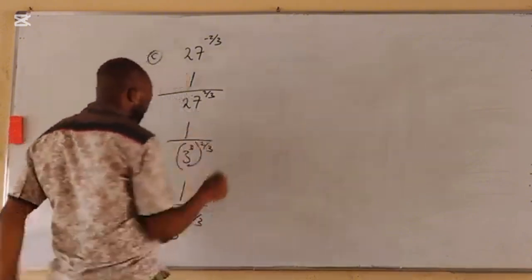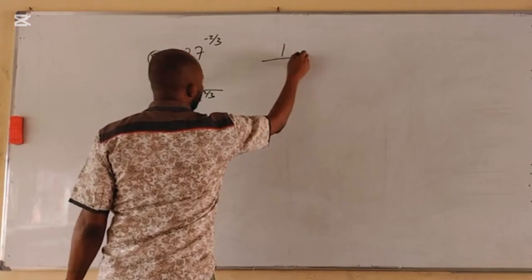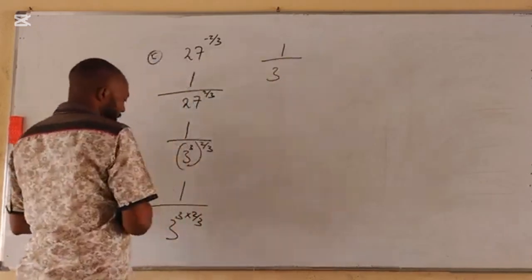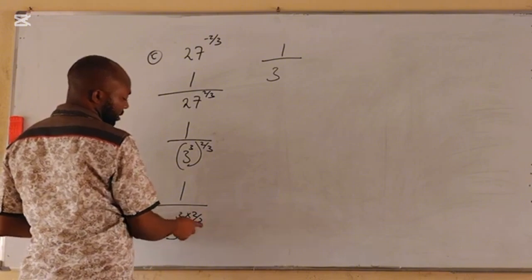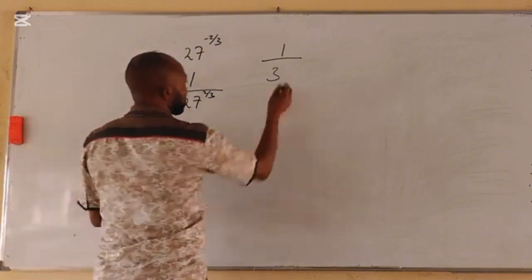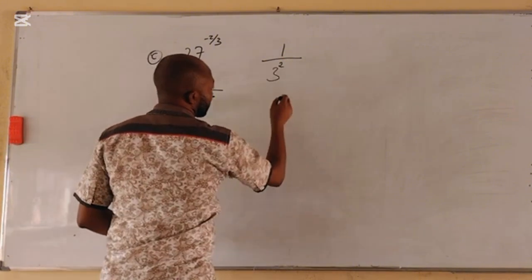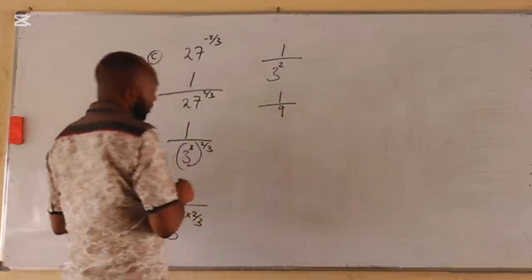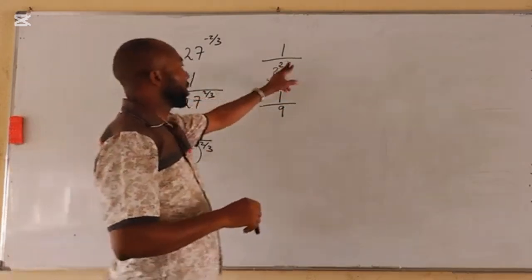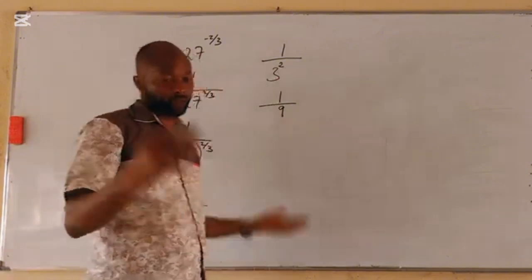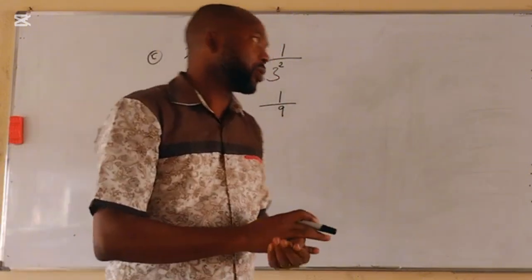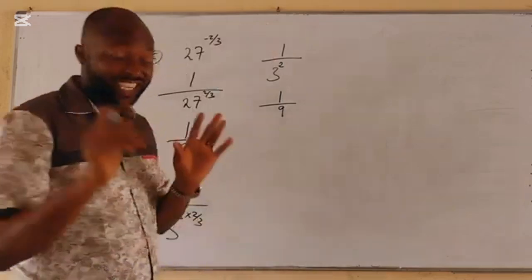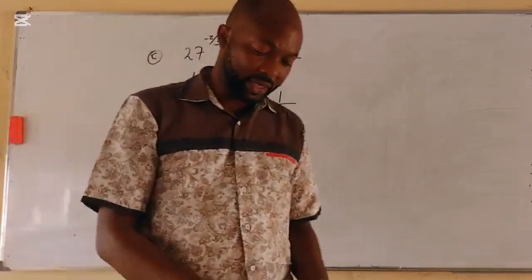I come down this way: 1 over 3 raised to the power 3 times 2 is 6. 6 divided by 3 is 2. So this becomes 1 over 9, because 3 raised to the power 2 is 9. So we must always follow the laws diligently in order not to make mistakes.